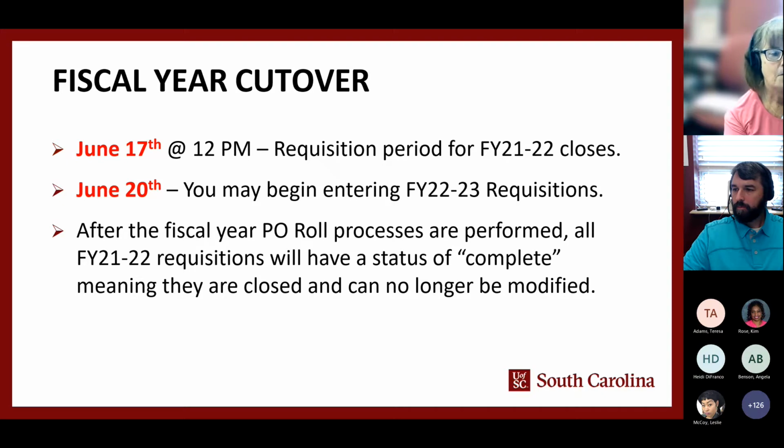Well, when you go on June 20th, and maybe there was one that you were thinking about using, it's going to switch over to complete or even canceled for some of them. Or if you're just looking at a requisition you did in January and you want to see what you did, it's still going to have the status of complete.